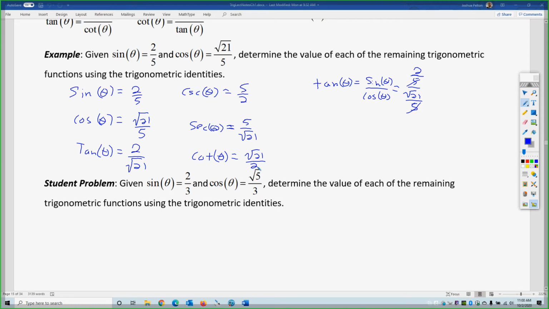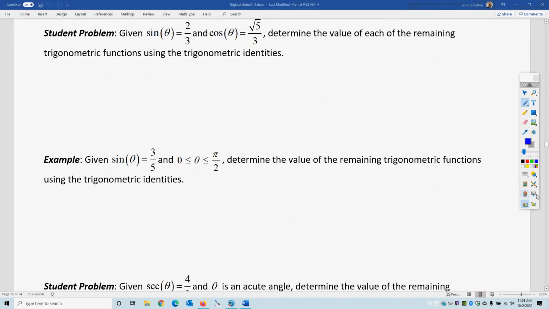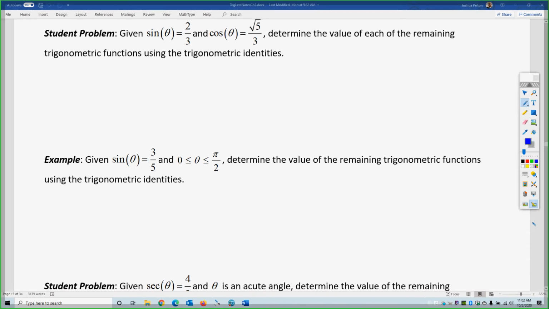Pause the video. Find the remaining trig functions for the student problem. Okay, for the student problem, I have sine, cosine, tangent, cosecant, secant, and cotangent.